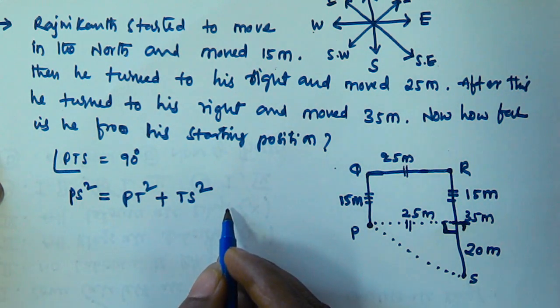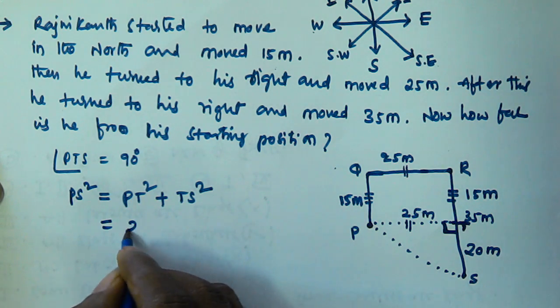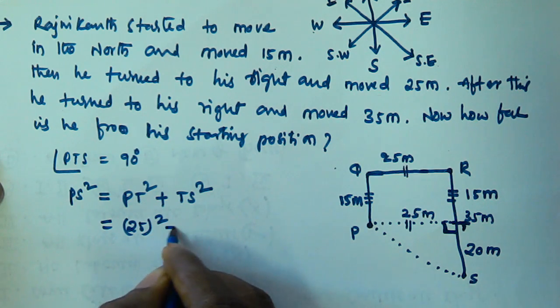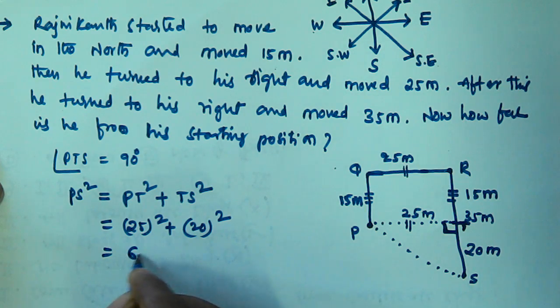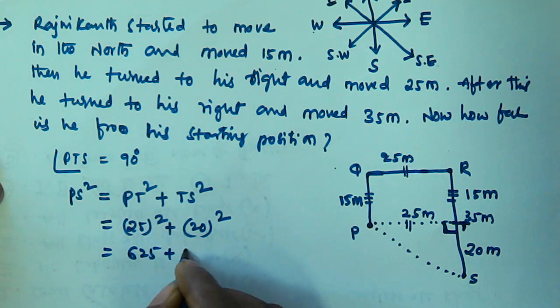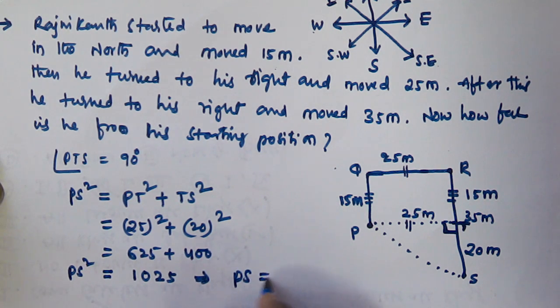Now we know the values of PT and TS. So that is equal to 25 square plus 20 square. 25 square is 625 plus 20 square is 400, which is equal to 1025. So 1025 is PS square, and PS is equal to the square root of 1025.